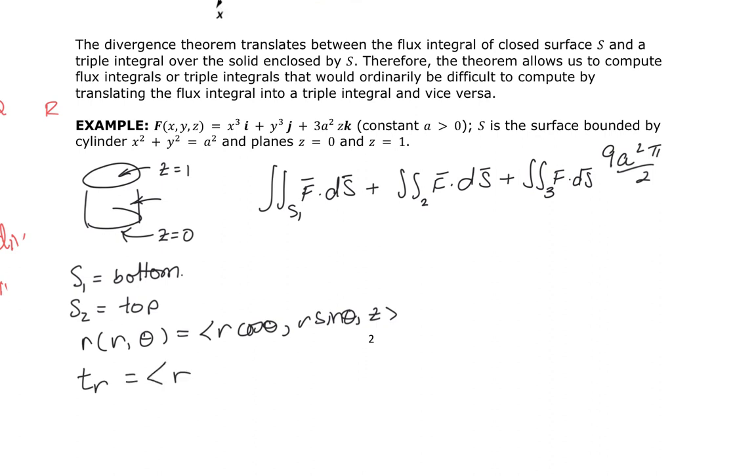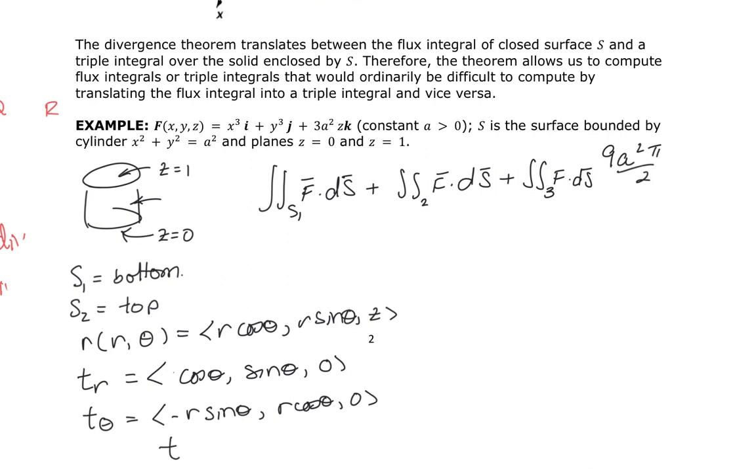This is going to give me cosine theta, sine theta, and 0. And I'm going to take the partial derivative with respect to theta, which is negative r sine theta, r cosine theta, and also 0.